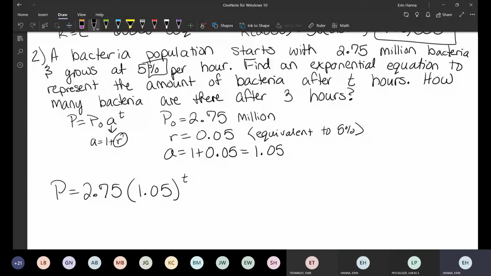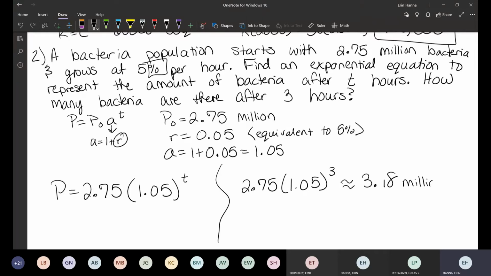Okay. And then we're asked for the population after 3 hours. Well, since t is in hours, we're just going to plug in 3. So we're going to find 2.75 times 1.05 to the third, which should be about 3.18, and this would be in million bacteria.